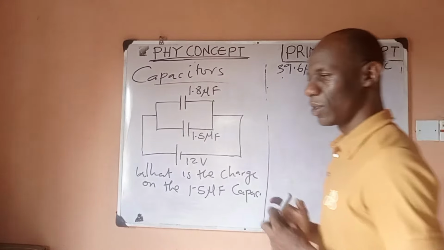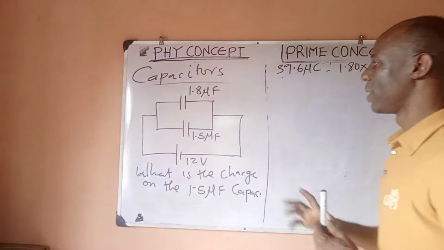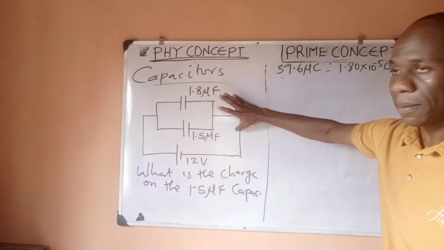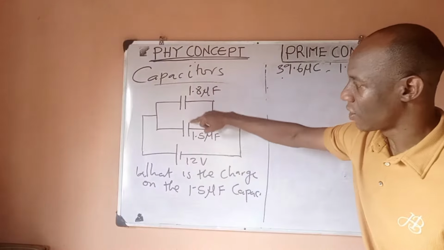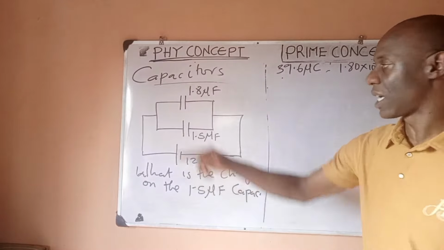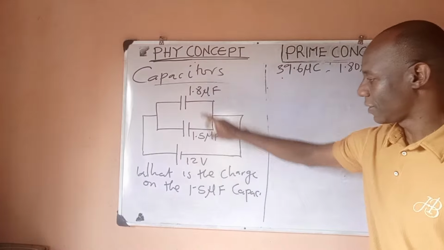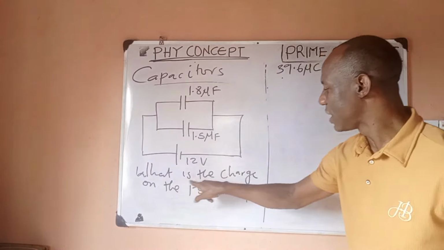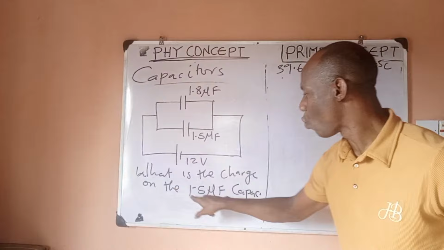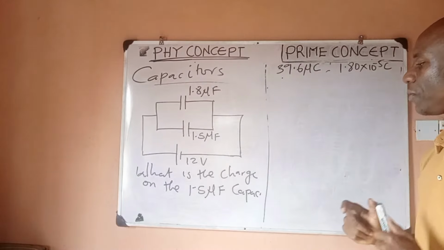Okay, now let's do it together and verify our claim. Now we have this circuit diagram. Of course, you know that these capacitors are arranged in parallel. You can see it, they are in parallel, right? Now the question says, what is the charge on the 1.5 microfarad capacitor?